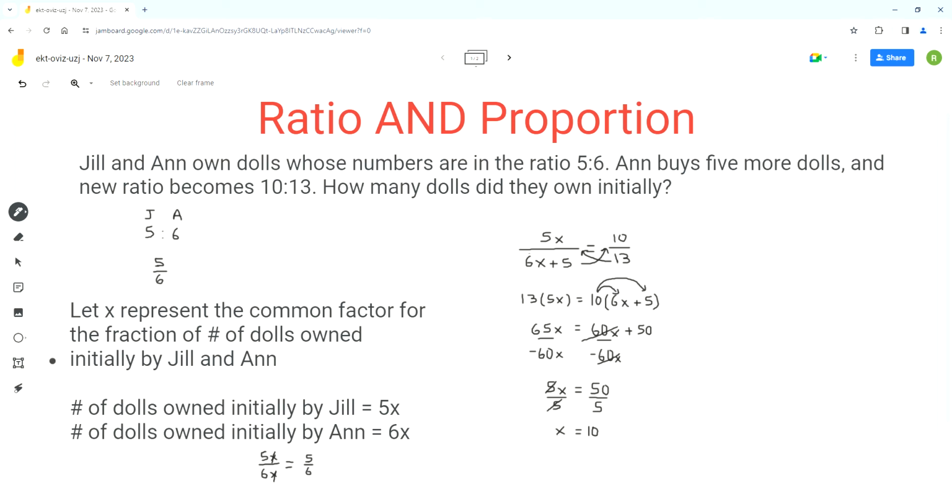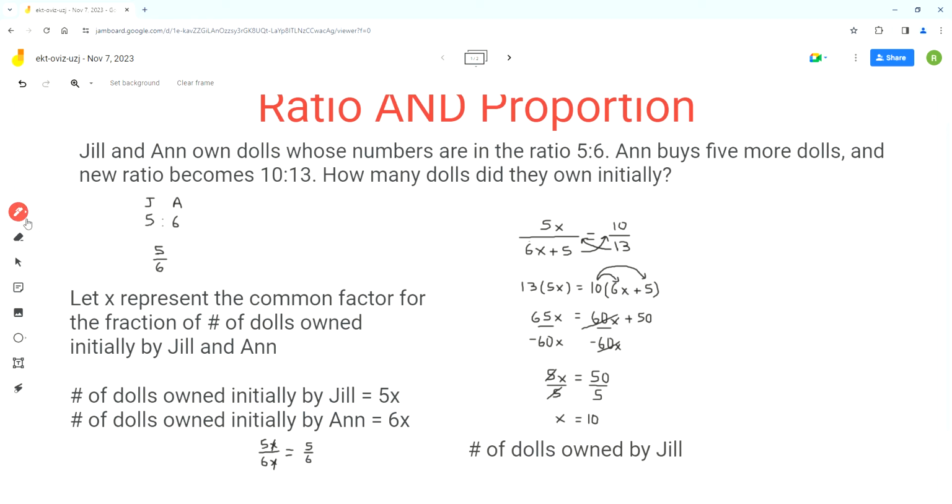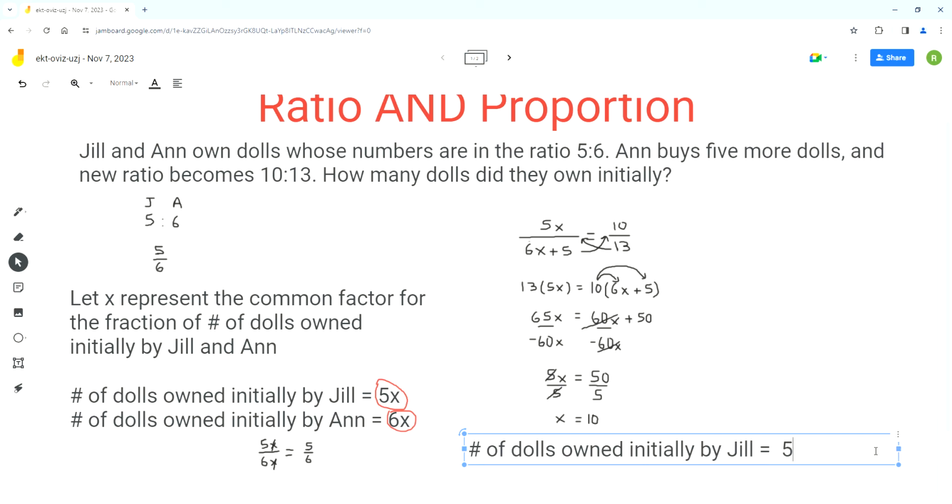Now we'll use this x value to calculate the number of dolls owned by Jill and Anne initially. So number of dolls owned by Jill, let me highlight it. So we said 5x is the number of dolls initially owned by Jill and 6x is for Anne. So here, the number of dolls initially owned by Jill will be equal to 5 times 10, which is equal to 50.